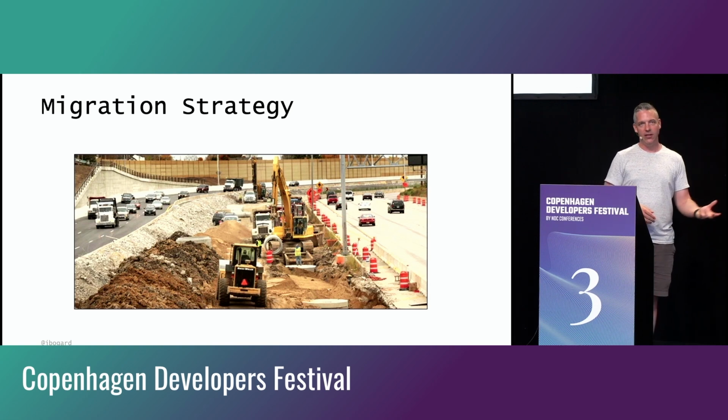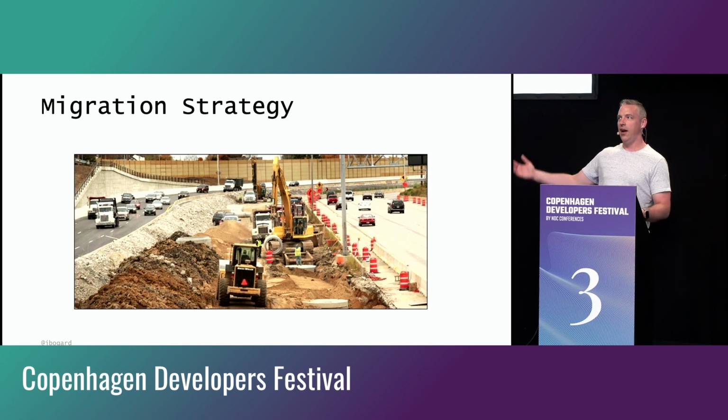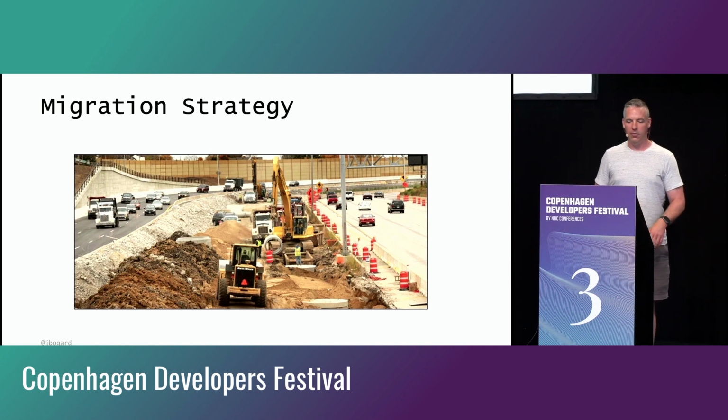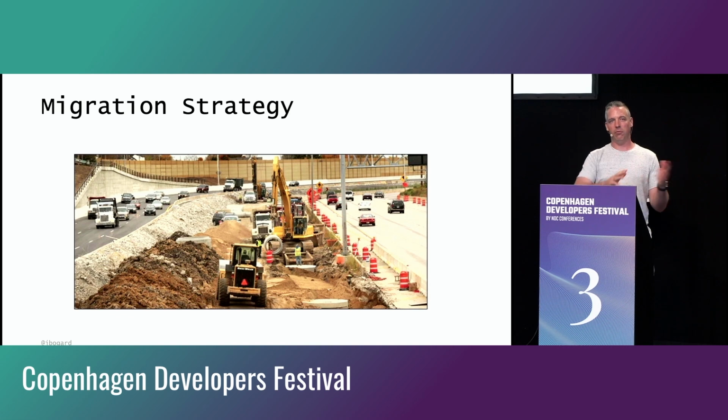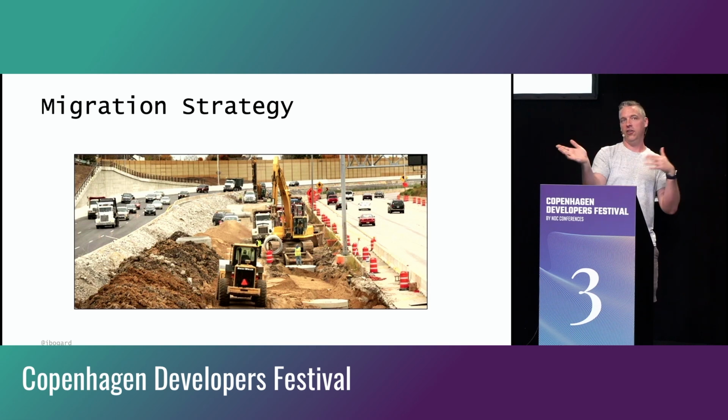What never happens in these large-scale construction projects is that they build an entirely new highway to the side, and then one day in the future swap traffic over from the old thing to the new thing. Instead, we see a much more incremental approach, where we build little parts of the new construction, and over time traffic is diverted to the new highway.